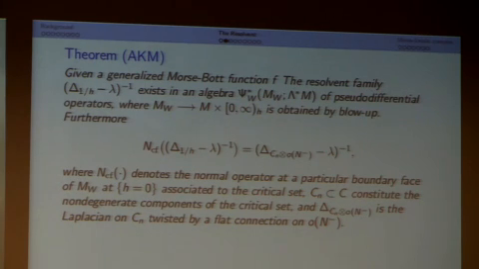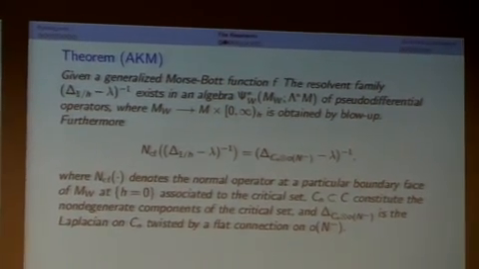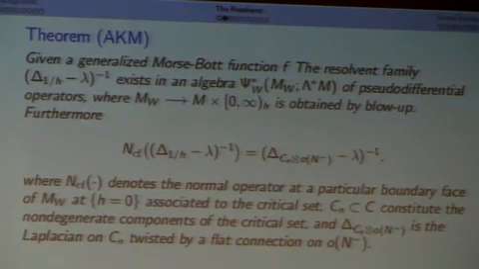We're not explicitly aware of one. So if my function has degenerate or non-degenerate critical submanifolds, then we can still form this Witten Laplacian, and the claim is that this resolvent family exists in an algebra of pseudo-differential operators, and it really is an algebra. For the experts, this is a small calculus, so you can always compose here.